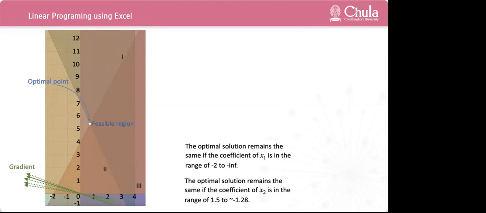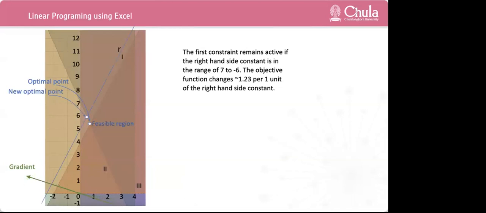We don't have to resolve the problem because the solution is still the same. If you want to calculate the new value of the objective function, you just substitute the solution into the new objective function, and it is done.